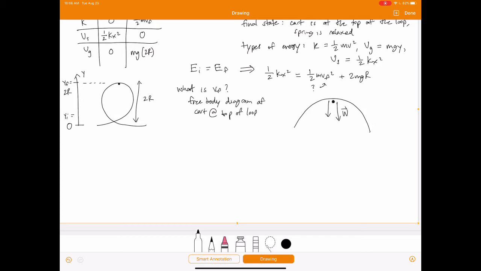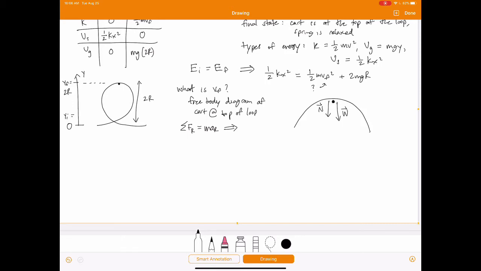So remember, the normal force pushes away from the surface, which is going to be downwards in this case. Okay? So then what we'll do is we'll apply Newton's second law. The net force in the radial direction is going to be m times ar, acceleration in the radial direction. This is what we typically use when we're dealing with circular motion, okay?